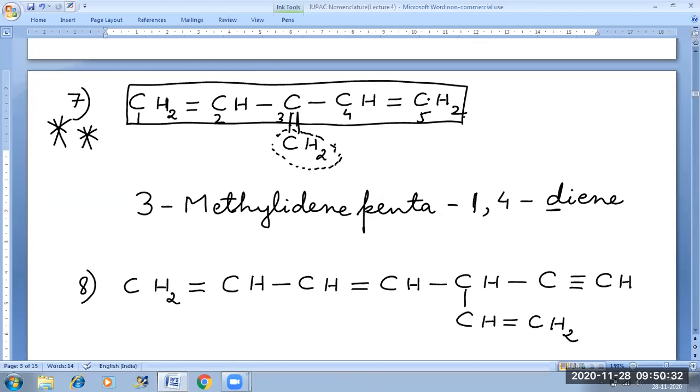If you number from the extreme right hand side, the name will be the same, because the substituent will still lie at the third position. 1, 2, 3. So it is the third position whether you number from the left hand side or from the right hand side.